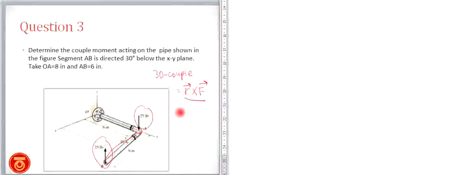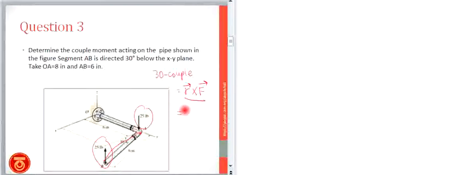Another equation that you can use is using dot product, that is F dot D. This is for vector and this is for scalar. So let's try both of them. First we try using this R cross F.